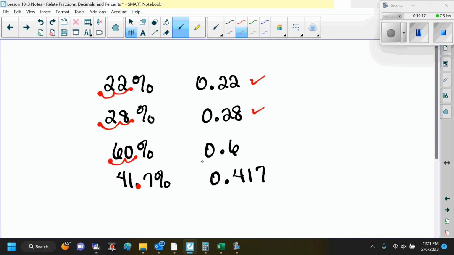Isn't that my decimal, if I take away that trailing 0? And then how about this one? 2 places to the left. Isn't that my decimal? Yeah. So, to change from a percent to a decimal, all we have to do is move the decimal to the left. How many spaces? 2 times. So what if I want to go from a decimal to a percent? Move the decimal to the right. How many times? Twice. Very good.